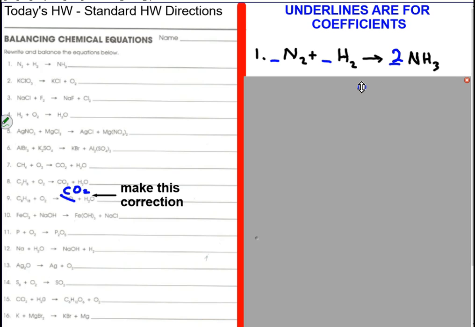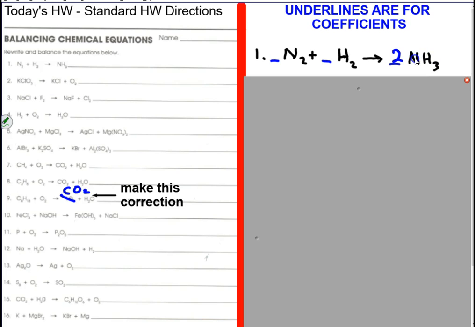Now when I put a 2 over there, what does that do to the hydrogens? Okay, you understand. That 2 follows the math thing that you do in your math class, distributive properties. So it distributes to both of those guys. The 3 that you see right here, that 3 only goes to the hydrogen.